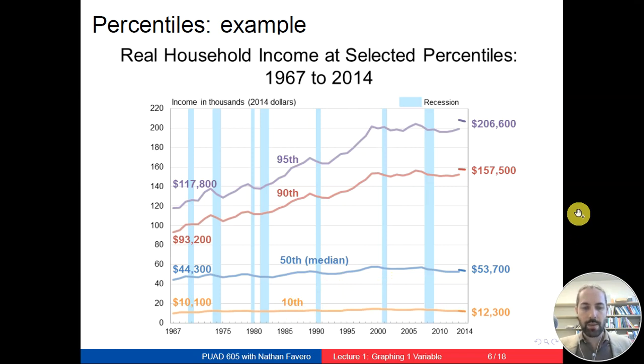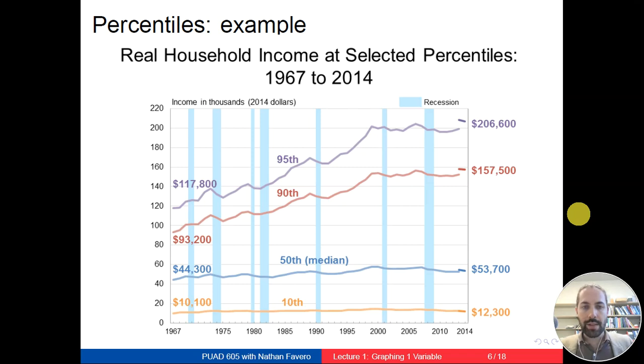At the beginning of this time series, back in 1967, they earned about $10,000 as a household per year. And in more recent years, we see that they've increased just a tiny bit to about $12,300. So part of what we're seeing here is that income has not risen that much over this time period for these lower percentiles.